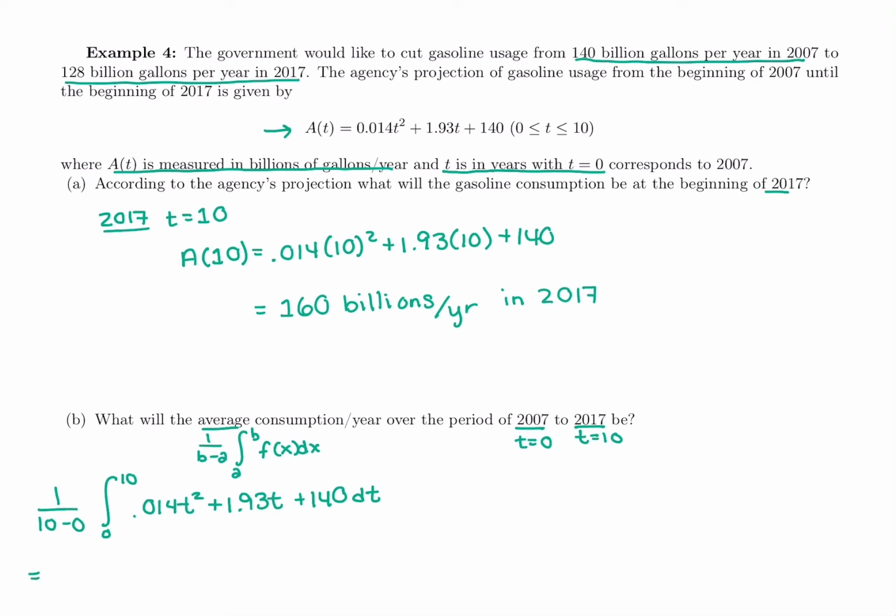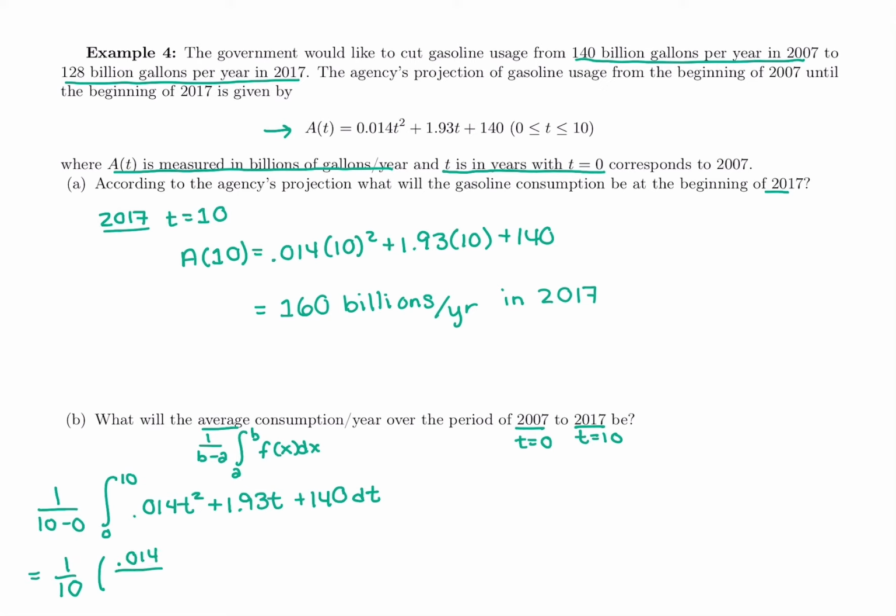So out front I have a 1/10. Average value, we're going to divide by the number of years, or multiply by 1/10. And then this is all just a basic integral. There's not a product, quotient, or chain that we would use for the derivative. It would be a basic derivative, which means a basic antiderivative.